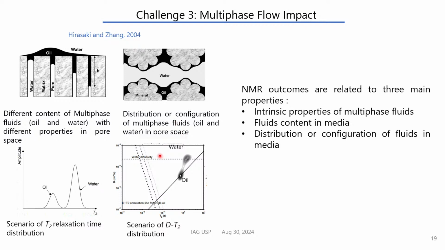So, for example, in this diffusion T2 relaxation curve, we can differentiate: this is a water diffusivity around 2.89 times 10 to the negative 28, and then this is oil diffusivity. So we can use this 2D measurement of NMR to differentiate the water and oil.